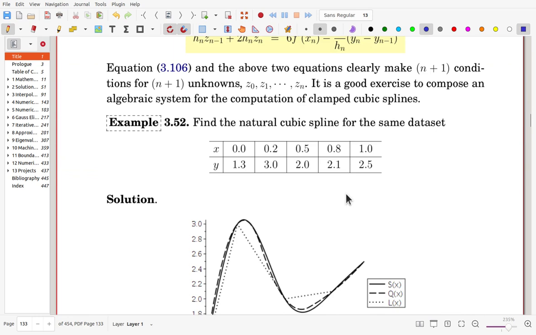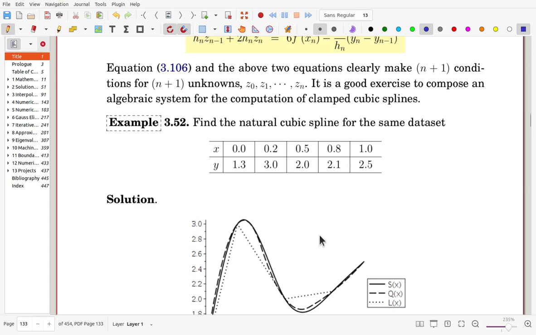Okay, let's see this example. Find the natural cubic spline for the same data set. We used this data set for linear spline and quadratic spline.